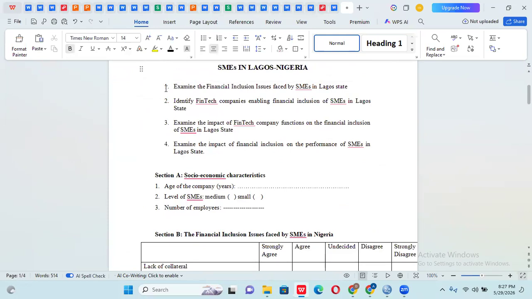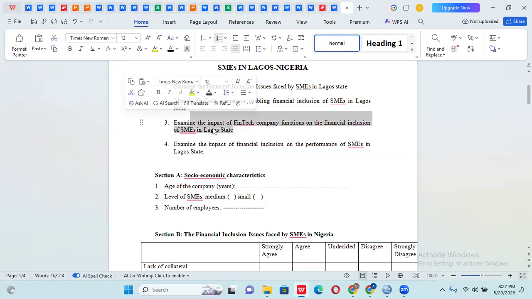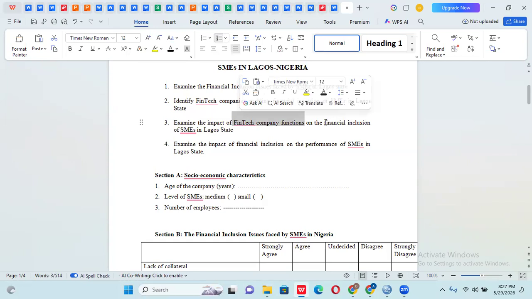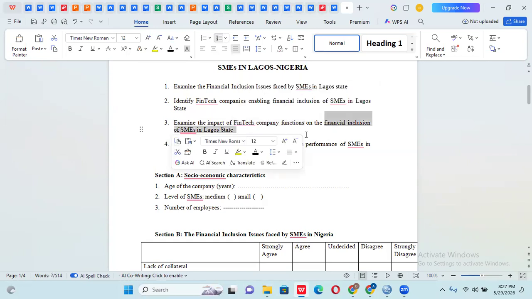Examine the impact of fintech company functions on the financial inclusion of SMEs in Lagos State. Look at the impact of fintech company functions. I told us this particular objective is a 2 variable objective. We have fintech company functions as a variable, and financial inclusion of SMEs as another variable.